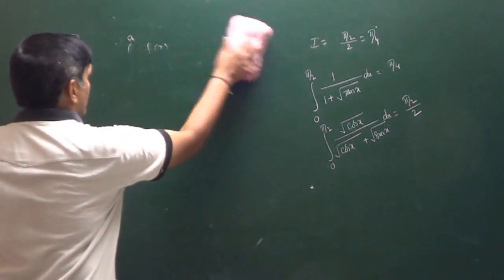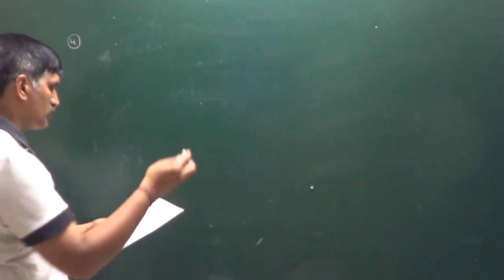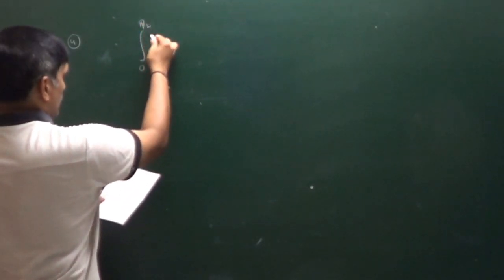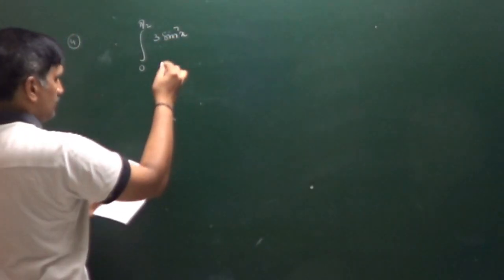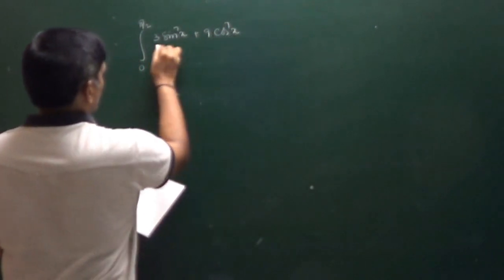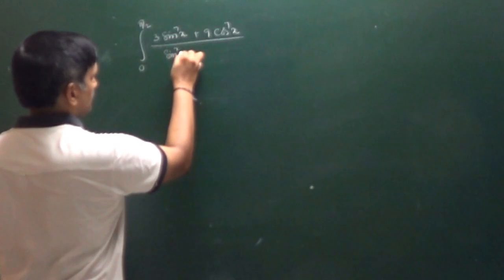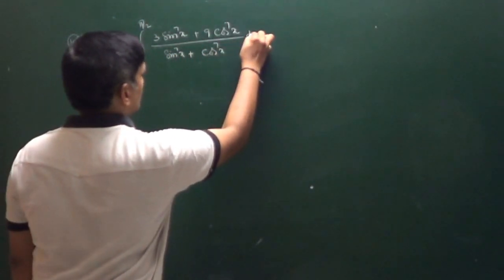In the same type, you can observe one more question, given in this form: integral 0 to pi by 2 of (3 sin^7 x plus 9 cos^7 x) divided by (sin^7 x plus cos^7 x).